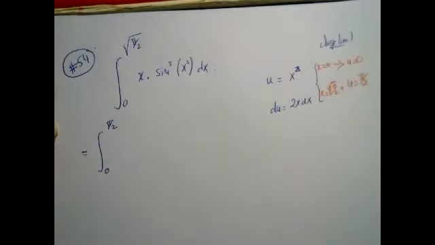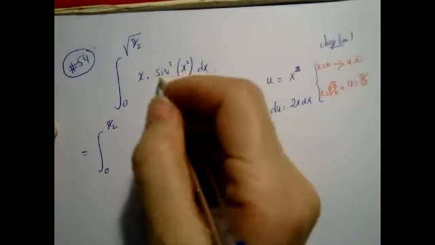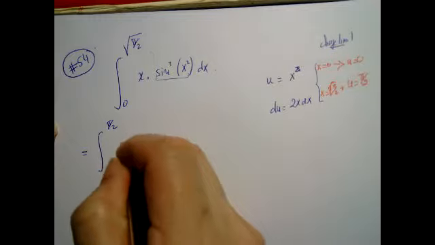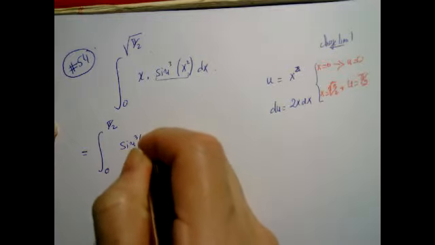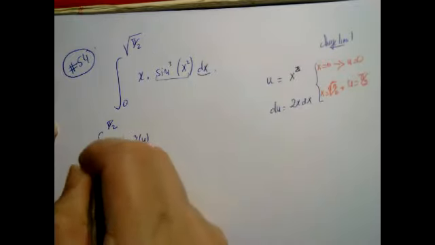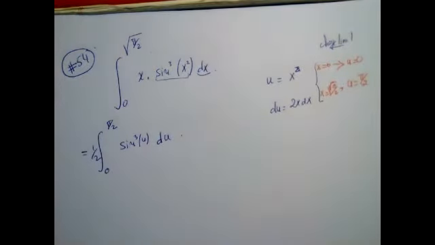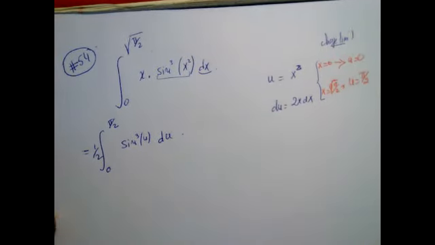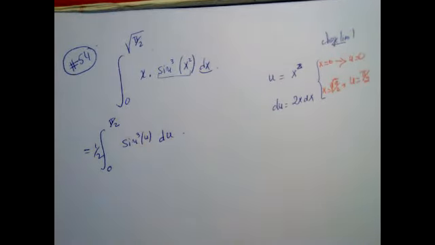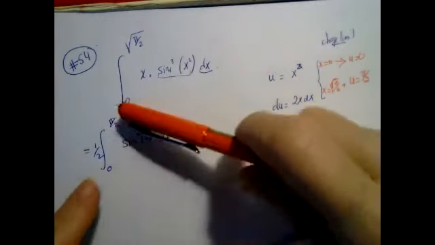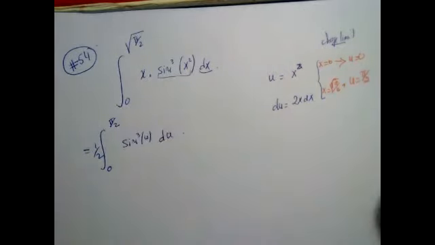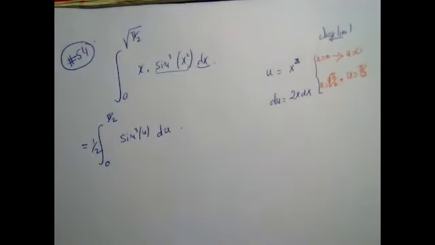That's pi over 2 now, and this would be sine cube of u, and the dx would be a half du. So now I have a whole new integral. U is my new variable, and my new limits are 0 and pi over 2.